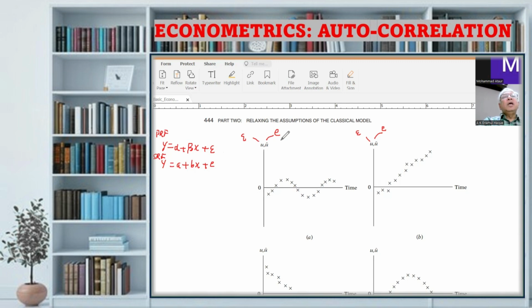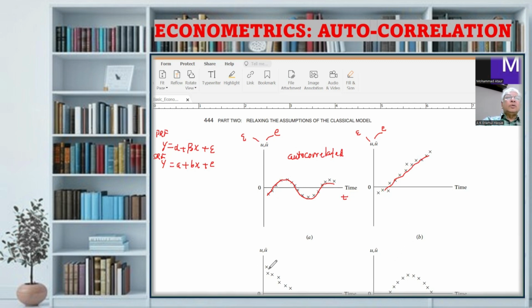This is time. Look at this error, this is e. If I look at e, this e is linked over time. This is a pattern, so this is autocorrelated. Yes, the model is autocorrelated because I can see the errors are linked pattern-wise.